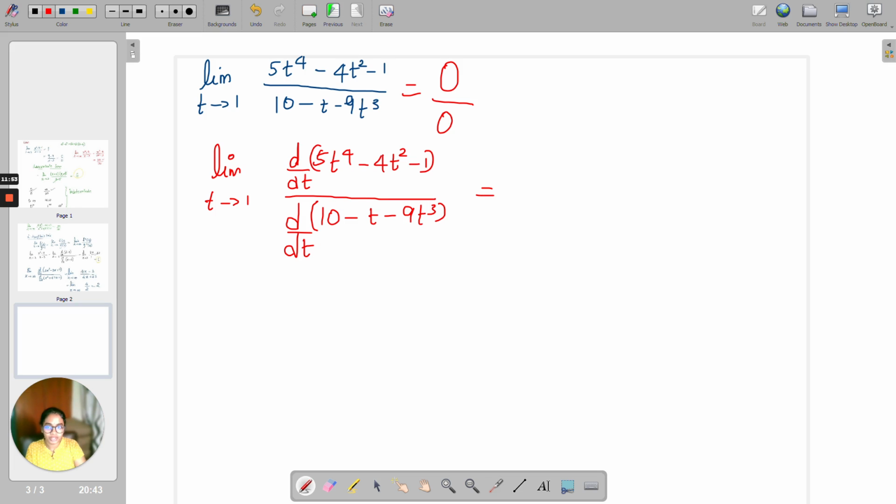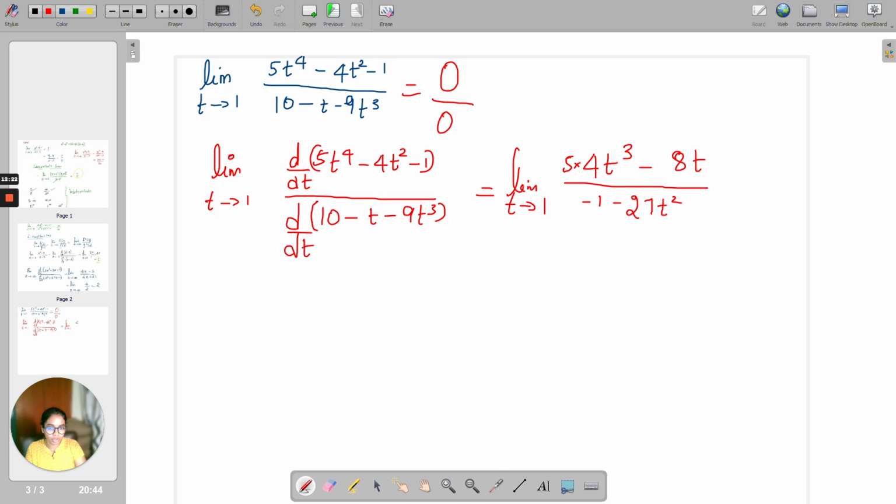So limit t tending to 1. What would I get? I would get 5 into 4t cube minus 8t divided by minus 1 minus 27t square.